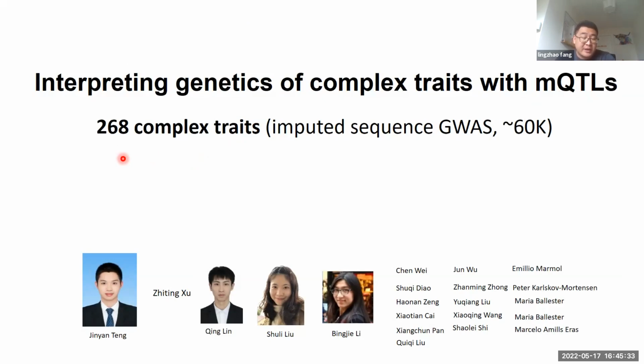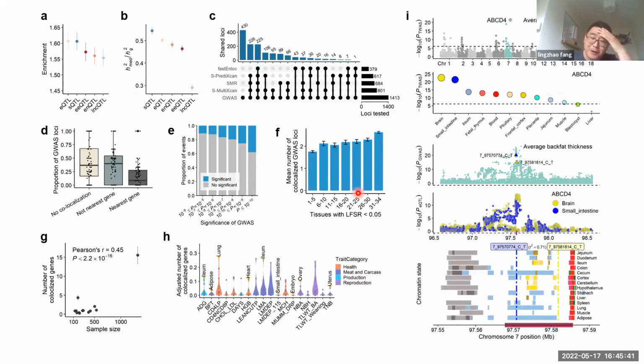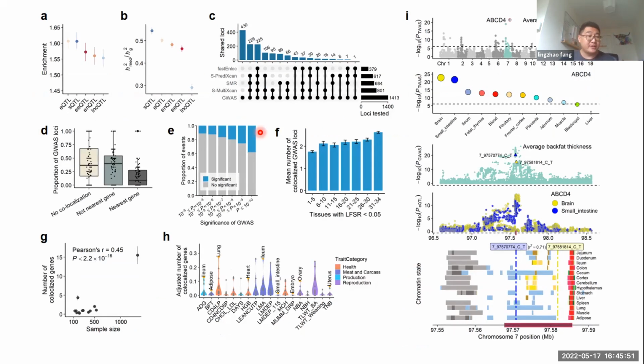Over 220 students and postdocs got involved in this analysis and data preparation. This is a very busy panel, but there is very good evidence to show that these eQTLs are very important to understand the genetics of complex traits in pigs.